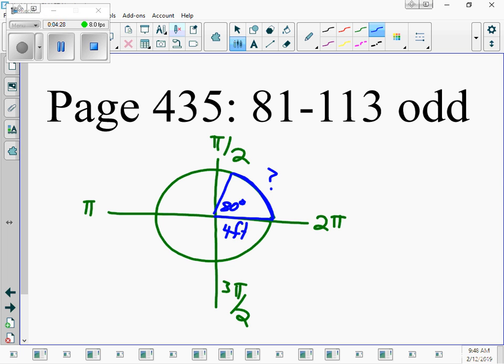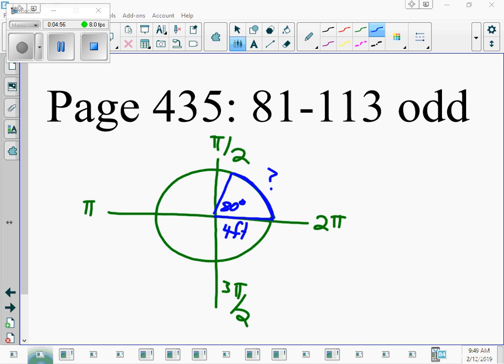Well, to calculate the arc length, we need to figure out how much of the circle we're using. 80 degrees is what percentage of the circle?